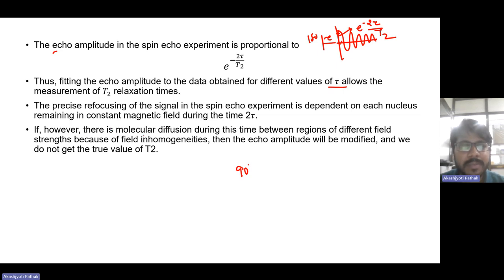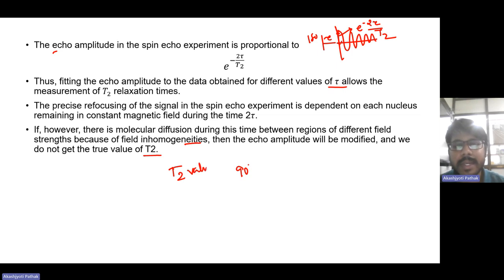If, however, there is molecular diffusion during this time between regions of different field strengths because of field inhomogeneities, then the echo amplitude will be modified and we do not get the true value of T2. Magnetic field inhomogeneity means that the magnetic field is not uniform throughout the system, and this can result in different T2 values.